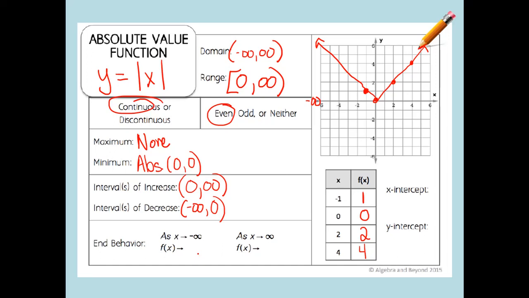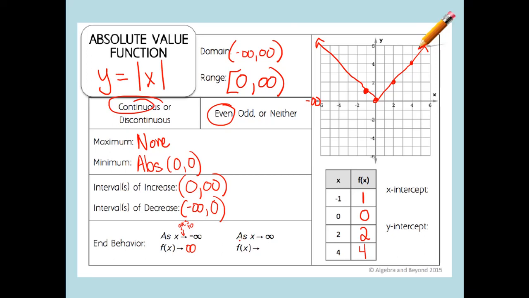End behavior is kind of new. It's asking what's going on the left and what's going on the right. So as x goes to -infinity, that's what this is, as I go to the left, what does the graph do? If I go to the left, the graph is going up, right? So f of x is going towards infinity.